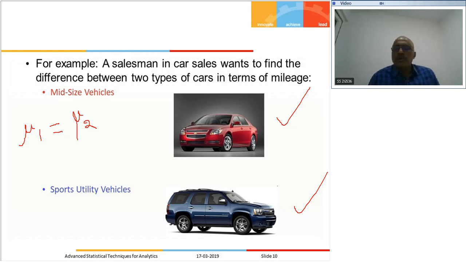You may have 10 cars or 5 cars, 8 cars in the sample where we try to find the mileage, right? If it is a small sample, then we have to go for T distribution, right? T distribution helps us understand the relation between the population means when we have two populations.